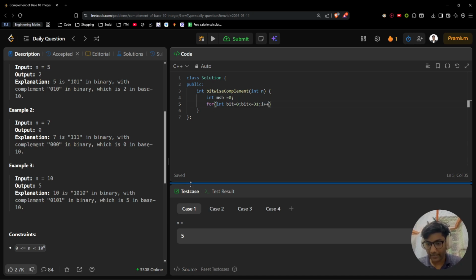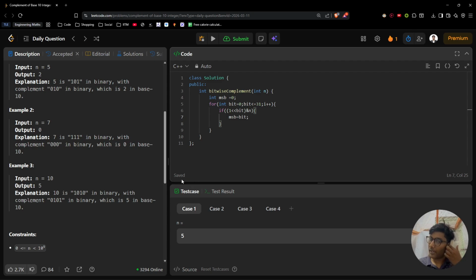I check if 1 right shifted bit times, and I AND it with n and get some positive value, then I can say that MSB equal to bit. Okay, now I know the MSB. Of course, if MSB is 0, then we return 1.